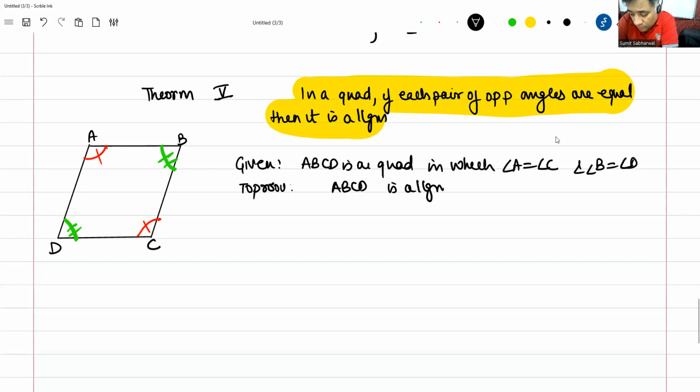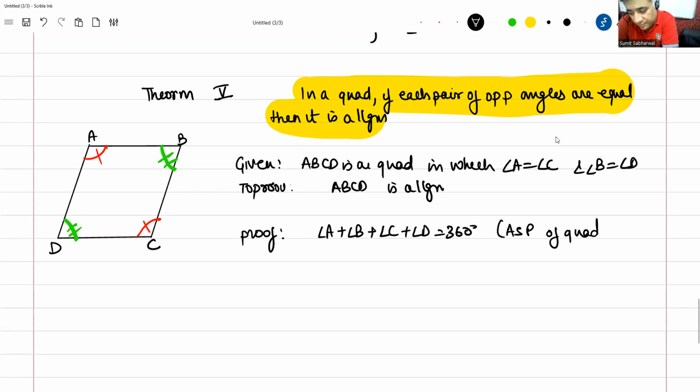So, proof: angle A plus angle B plus angle C plus angle D is equal to 360 degrees. As I told you, angle sum property of quadrilateral. Okay.